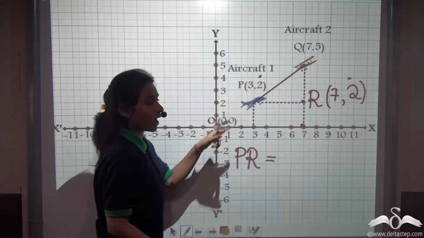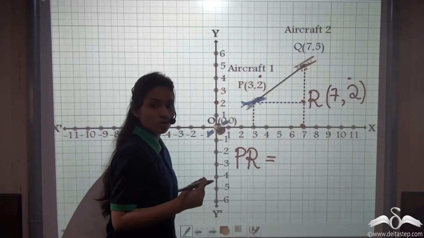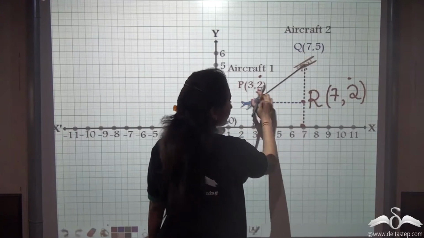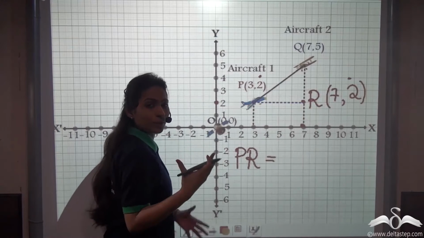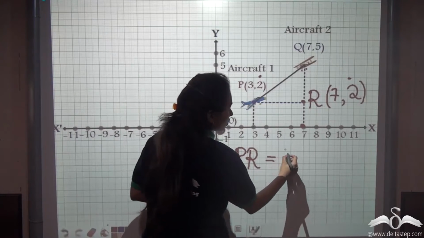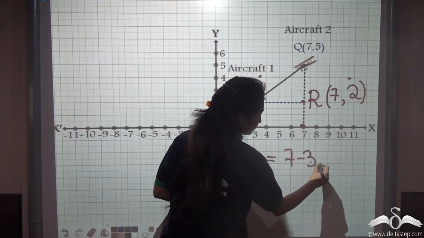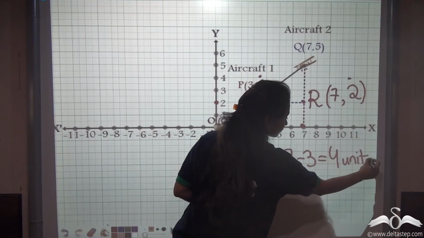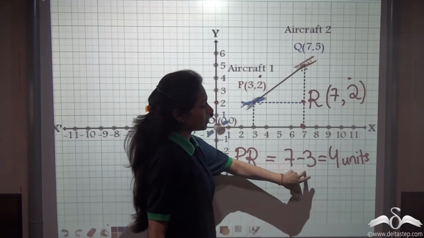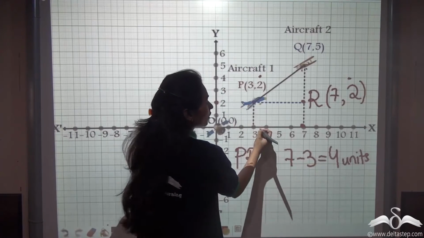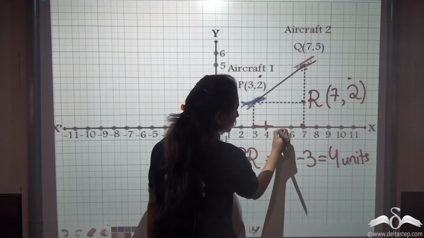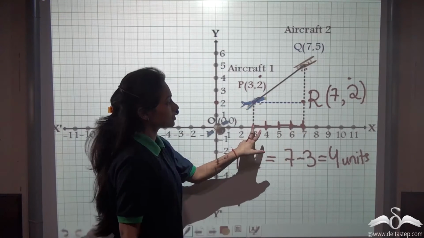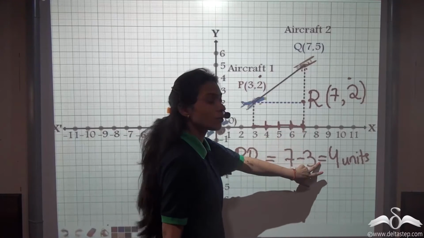So we'll just subtract the x coordinates to find out the distance between P and R. So you can either minus 3 from 7 or 7 from 3. The minus sign doesn't matter. So we get 7 minus 3 as 4 units. You could count it from here also. 1, 2, 3 and 4. So the distance between P and R is 4 units.